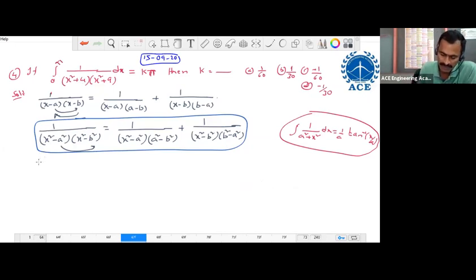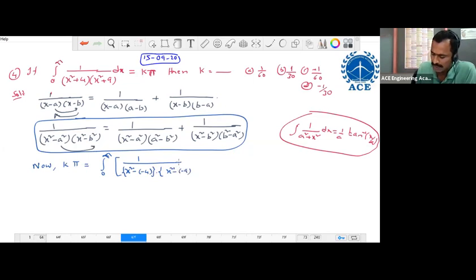Now let us write our given problem. Now kπ equal to integral 0 to infinity, I'm writing 1 by x square plus 4 into x square plus 9 dx, or directly write this as 1 by x square minus of minus 4 into x square minus of minus 9 dx, and then we write the partial fractions.